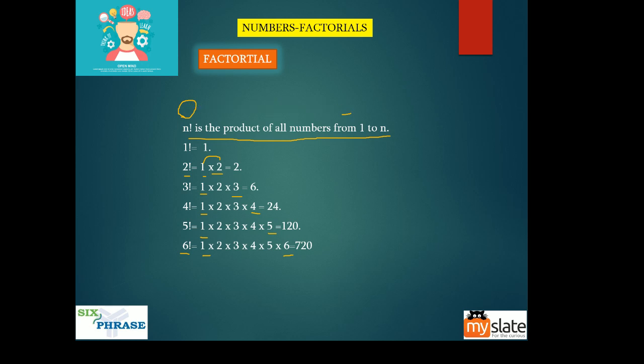If you multiply them all, 6 factorial is 720, 5 factorial is 120, 4 factorial is 24, 3 factorial is 6, and 2 factorial is 2. 7 factorial likewise is 5040, and so on and so forth.